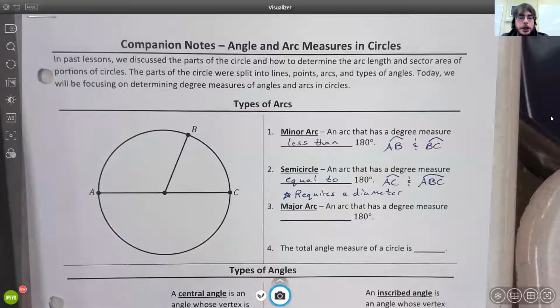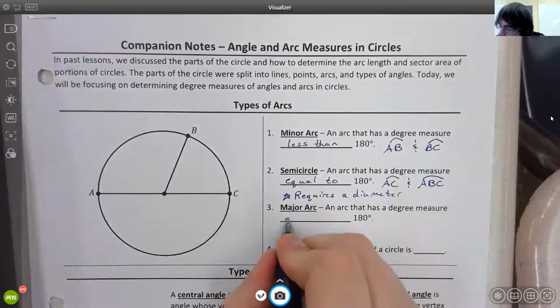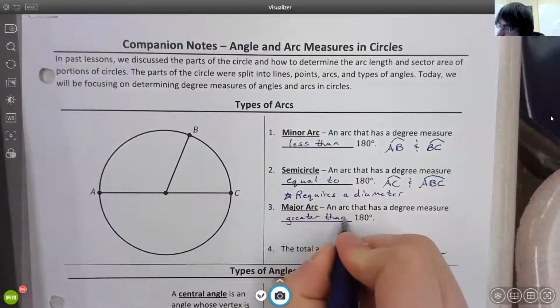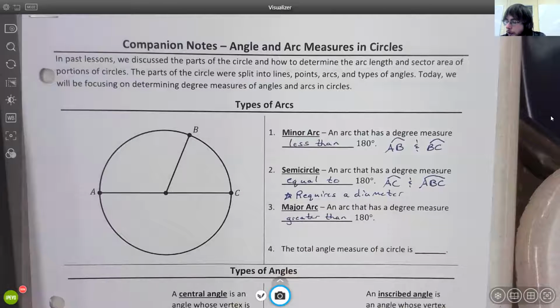And then our last one, a major arc. This is an arc that has a degree measure greater than 180 degrees. Okay. So do you see an arc in this circle that you can name that has a measure greater than 180 degrees?